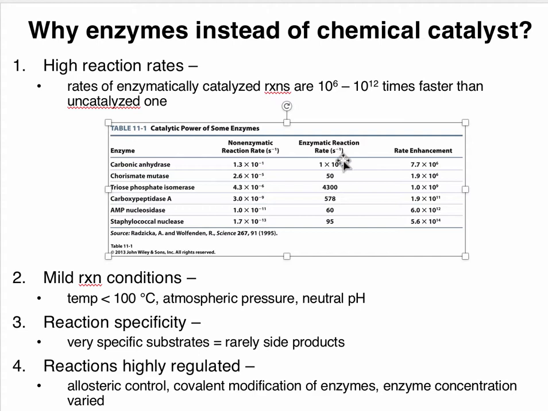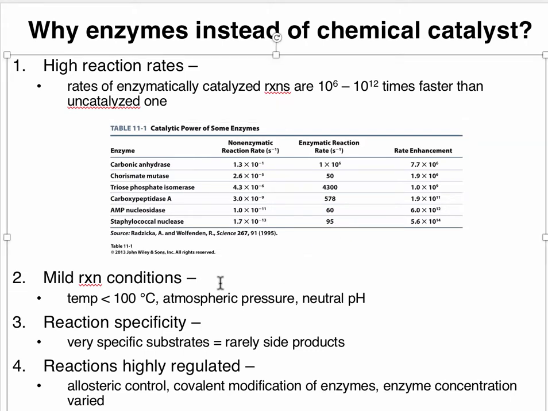Okay, so I like this graph because it demonstrates the difference between the rate of non-enzyme reactions and reactions in the presence of an enzyme. Unlike chemical catalysts, these reactions all occur at physiological pH and under physiological conditions. Many chemical catalysts require high temperatures, high pressures, basic or acidic conditions.